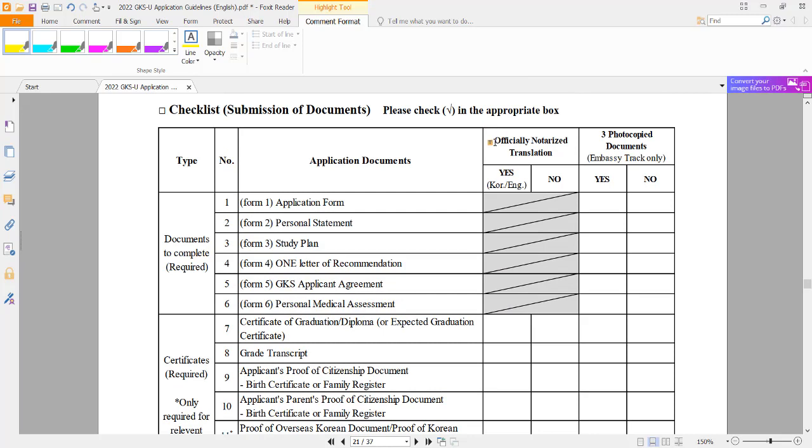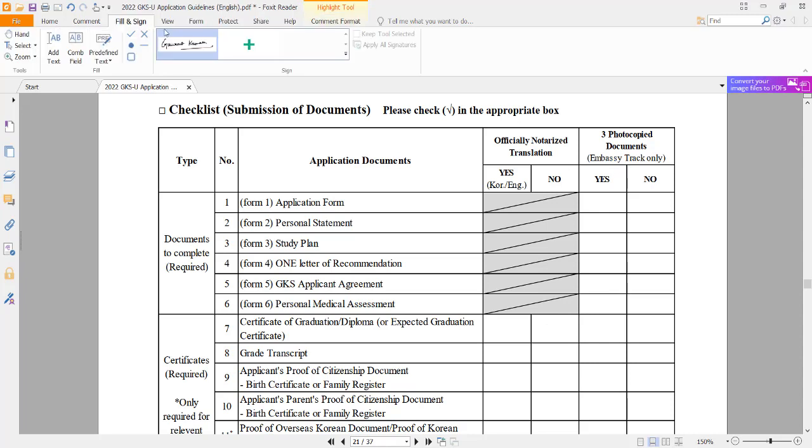And here you can see officially notarized translation. Since in many countries the documents are not in English or Korean, you have to get them translated. If you are giving this translated document, then you have to select yes, otherwise you have to select no. How to put that comment, I'll show you.